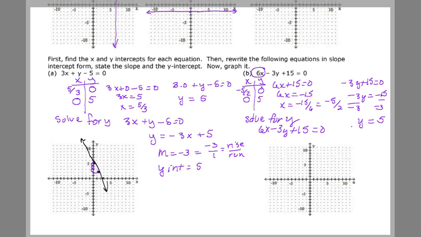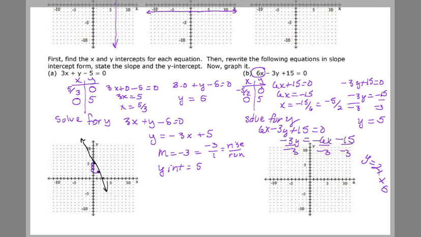I'm running out of room here, but we'll need to take the 6x over, and the 15 over. So I'll have negative 3y equal negative 6x minus 15. And I will need to divide both of them by negative 3. So I end up with y equal 2x plus 5.